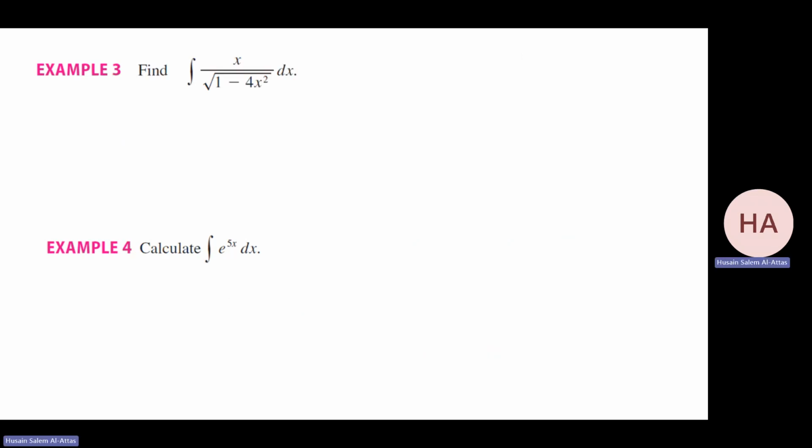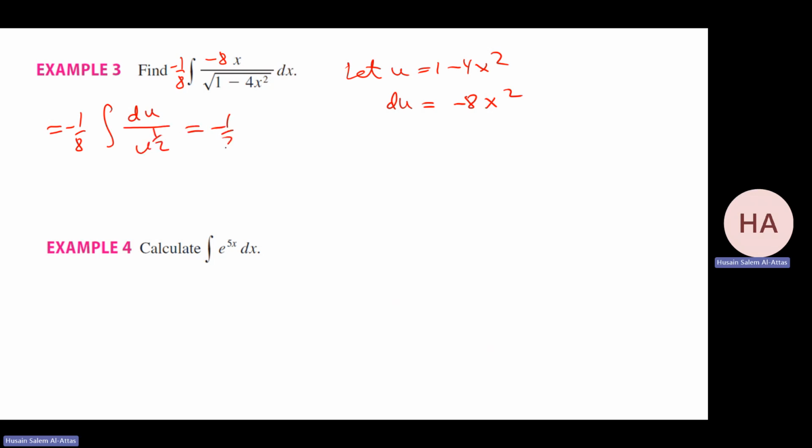Okay, more problems. I said these are easy ones, but it's good to practice. To start with, I will let u be 1 minus 4x squared. Du will be what? Minus 8x. It means I need minus 8 here and minus 1 over 8 here. So that'll give you minus 1 over 8. I have du over u to the power half, in other words, u to the power minus half du.